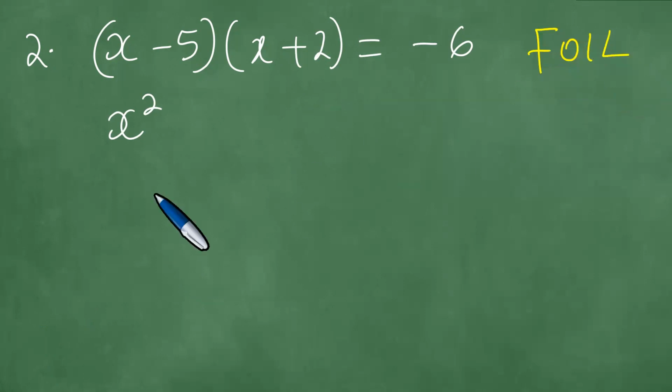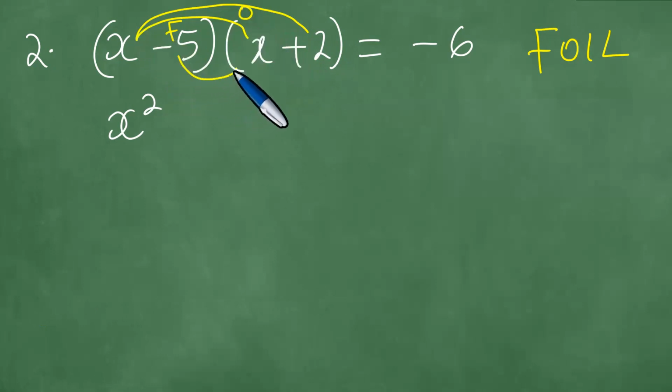And when we use FOIL, we multiply x by x, and it's like the first. We call these the first, the x by x, and multiply those we call outers. These are called the inners, and these are called the last.